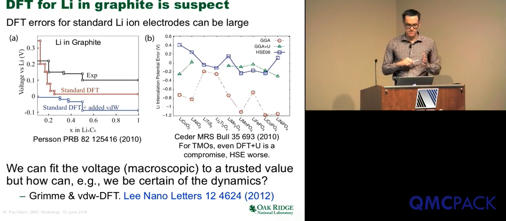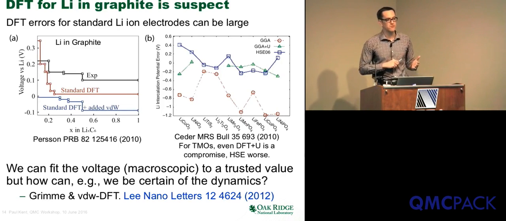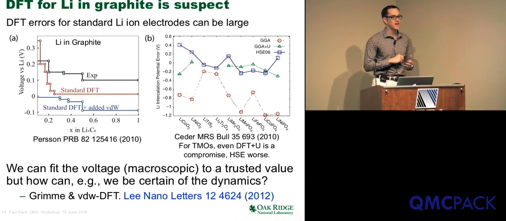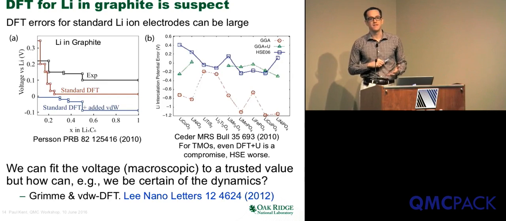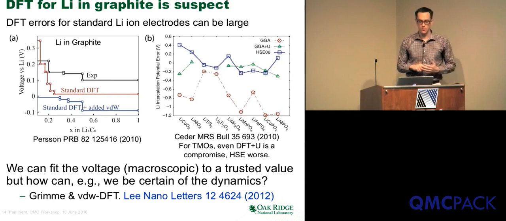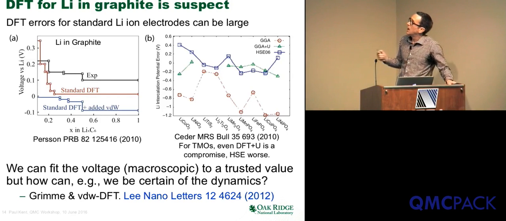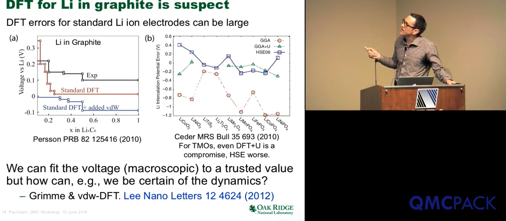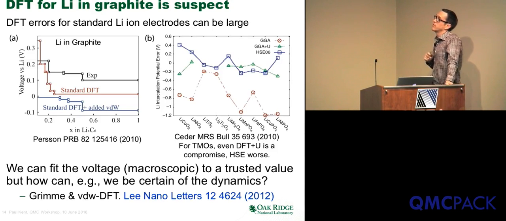Now, a couple of tenths may not sound like much, but if you're a battery manufacturer or trying to come up with new materials, you would like to be much better than that, because that percentage improvement would be very worthwhile. I'll note that the other side of the battery, which is typically a metal oxide, such as lithium cobaltate or lithium nickelate, is also quite problematic.